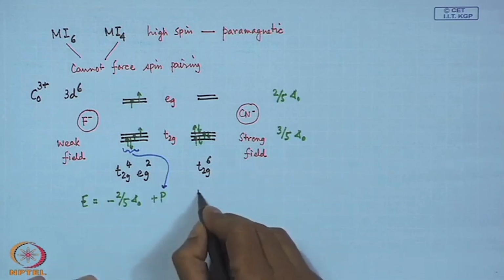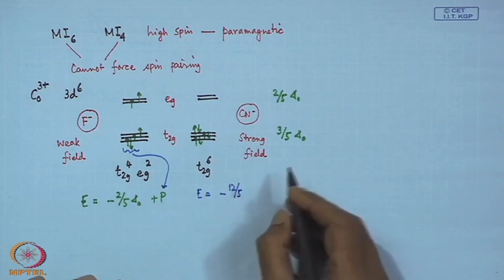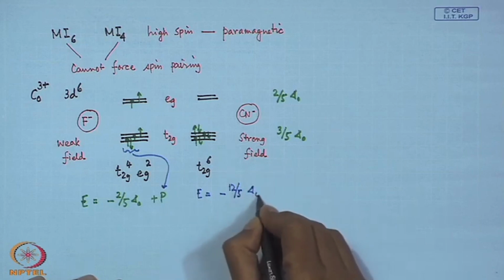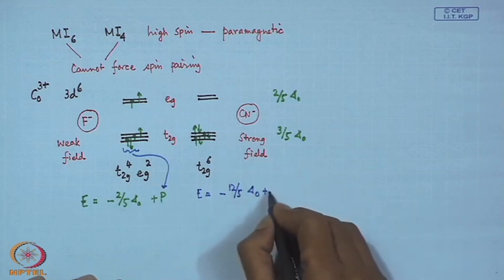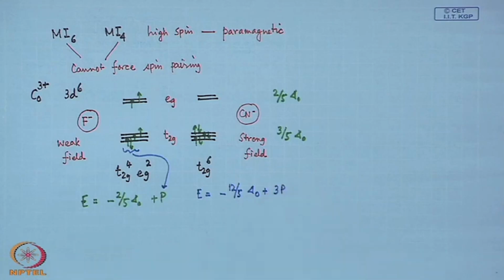Similarly, for the right hand side we have minus 12/5 delta O plus 3 units of the pairing energy term.